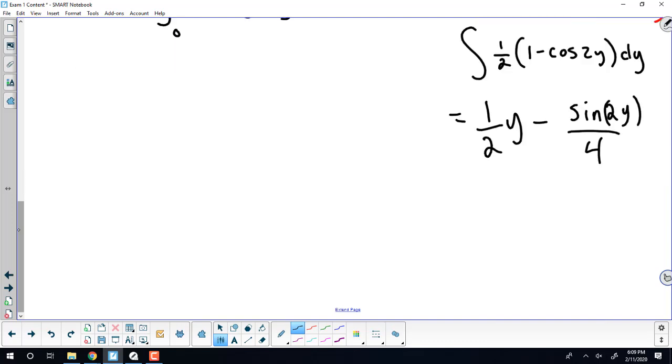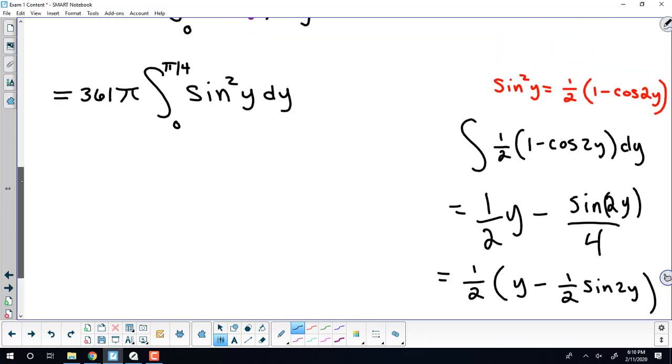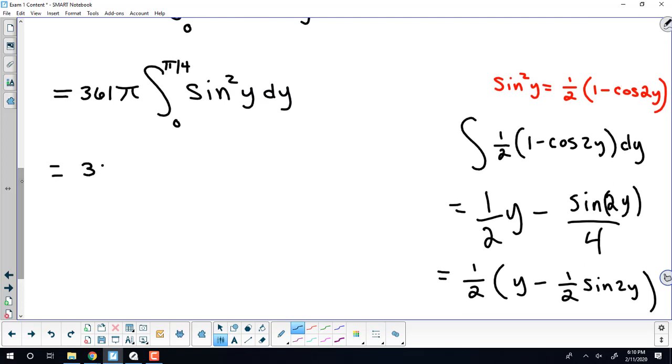Or, if you wanted to leave the 1/2 out, it's just going to be this constant here anyways. Whatever you want to label the antiderivative as. We'll put the 1/2 out with the other constant, from 0 to pi over 4.